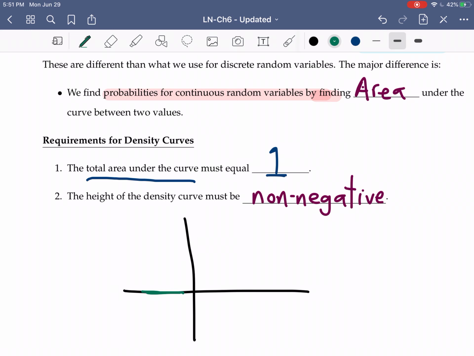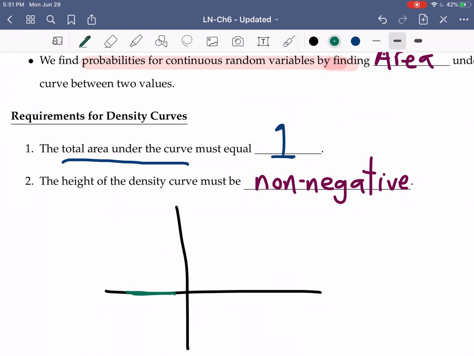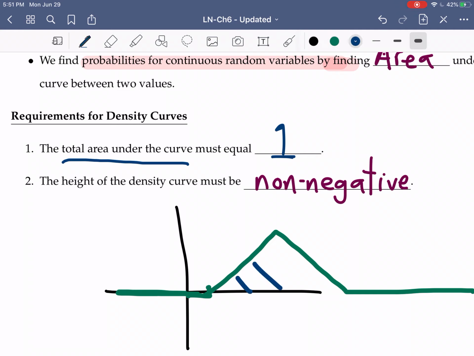So you could have nothing for a long time, and then it could go up, and then back down, and then nothing for everything else. As long as all of the area under this curve was equal to 1, this would be a density curve. It would describe some kind of distribution.